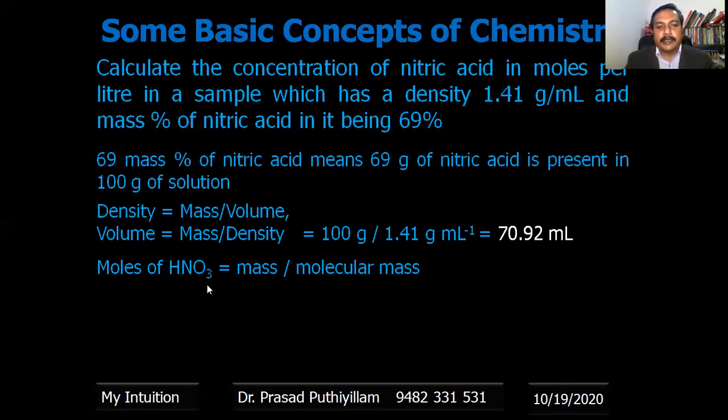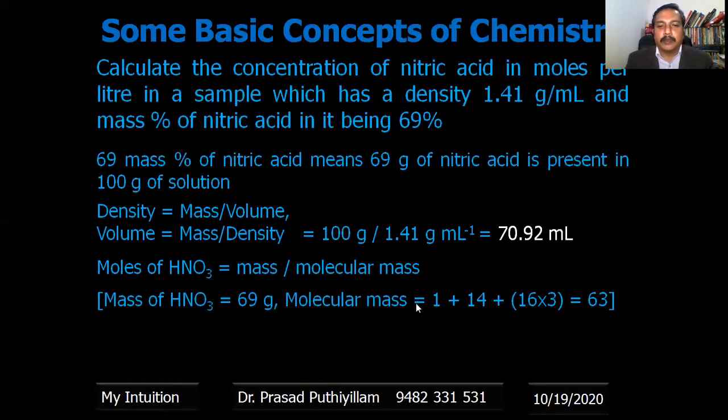Moles of nitric acid is calculated as mass per molecular mass. Mass is given as 69% means 69 gram. Molecular mass of HNO3, let us calculate it: hydrogen 1 plus nitrogen 14 plus 16 multiplied by 3, it becomes 63.